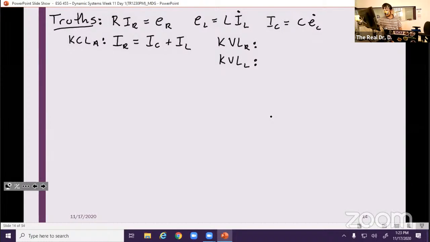I've got the right-hand side KVL. E2 minus E_C minus E_L is equal to 0. And I've got my left-hand side KVL.